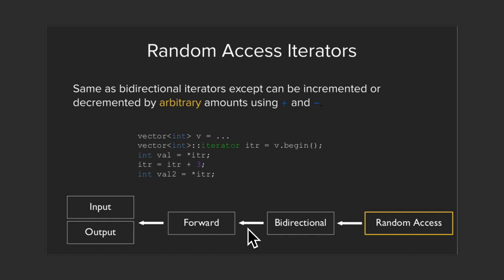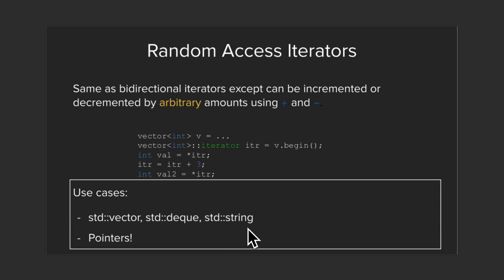It promises that you can always increment, decrement, add arbitrary numbers, subtract arbitrary numbers, read and write, everything like that. So random access is the type of iterator that people might feel most familiar with. They're the most powerful, and some examples of these are, again, what we use every day with vectors, deques, and even strings, if we wanted to use iterators on strings. And again, there are pointers.